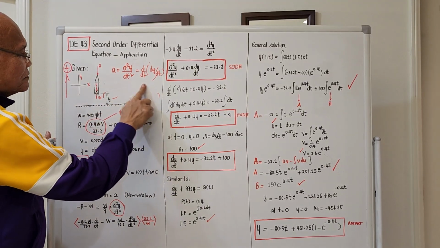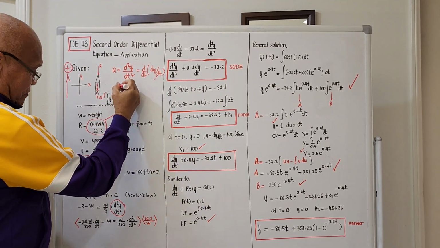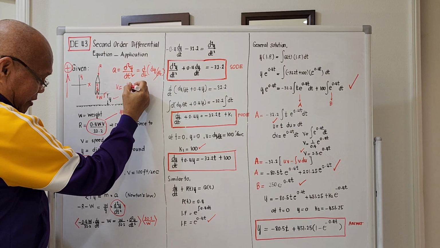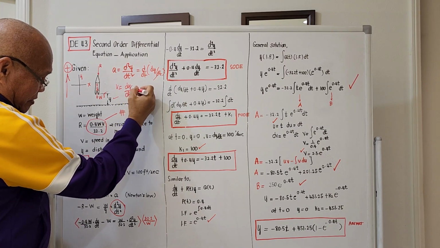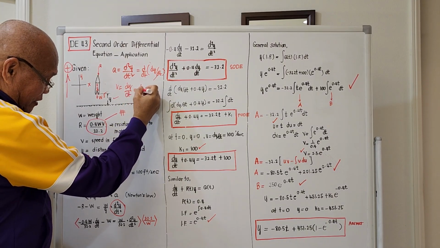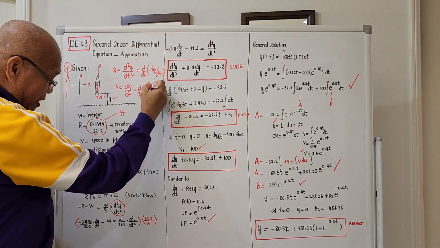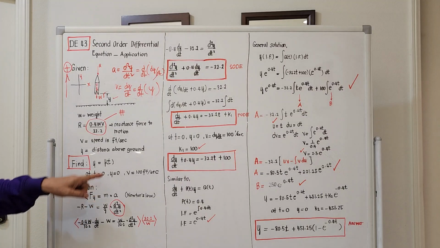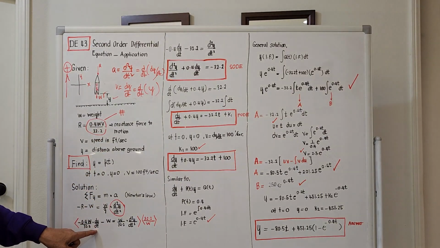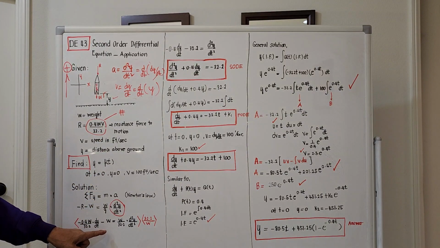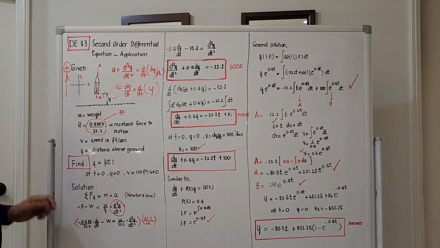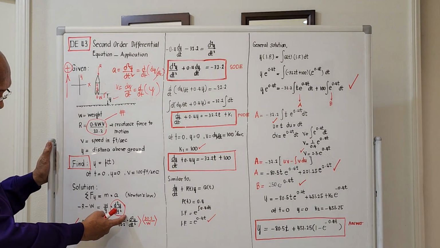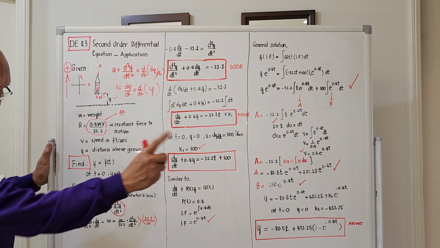Velocity. Velocity is actually dy over dt, the derivative with respect to time of y. So I place dy dt here instead of velocity, minus W equals W over 32.2 times the acceleration.